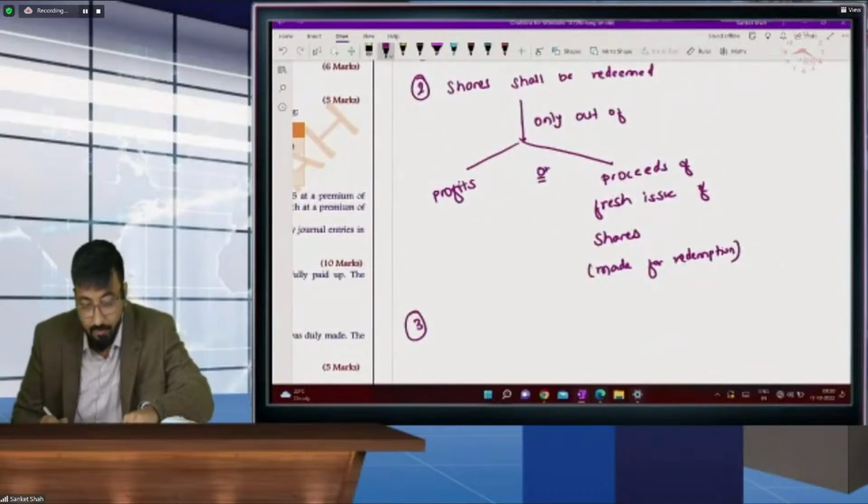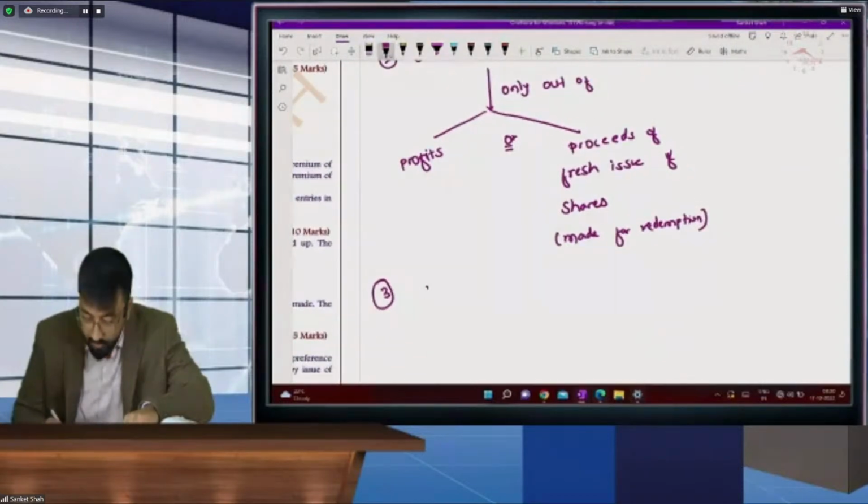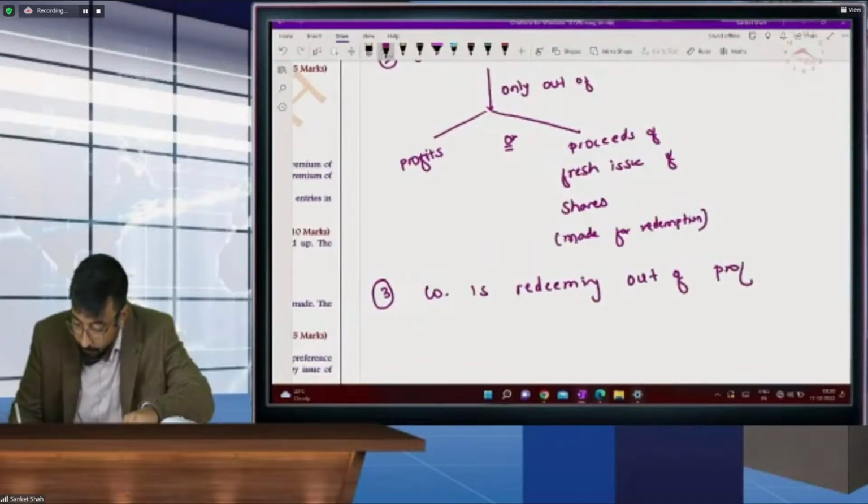Number 3, company is redeeming out of profits.